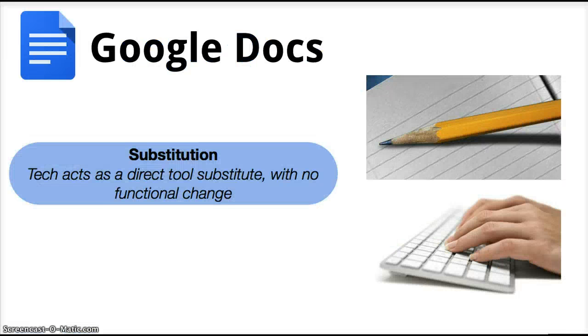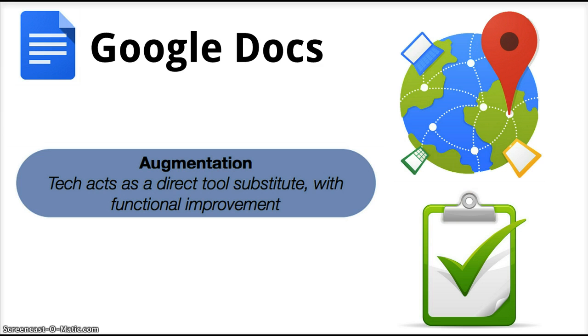I want to walk you through one of the tools, like Google Docs, and what it would mean in the SAMR model, because with the SAMR model, it's not about the tool, it's about how you're using the tool. For example, if you used to write an essay or a paragraph or a story on paper and pencil, and now all you do is go to the computer lab and type it, that's using Google Docs as a substitution.